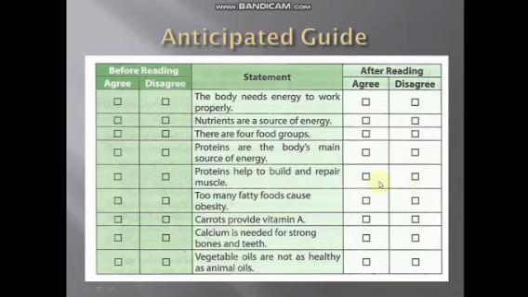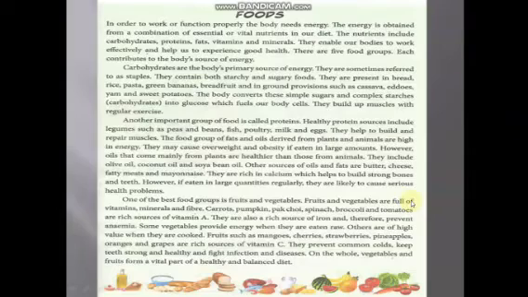So let me see if I will let my agree stay or change my agree to disagree. All right. Where was I? The food group, I'm right here. The food group of fats and oils derived from plants and animals are high in energy. Let me read it again. The food group of fats and oils derived from plants and animals are high in energy.